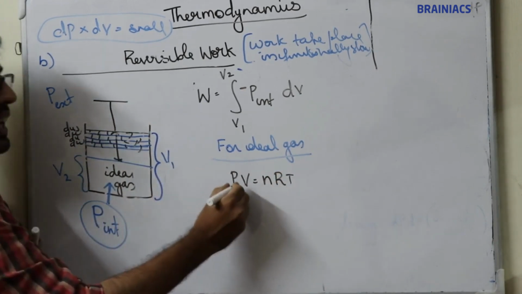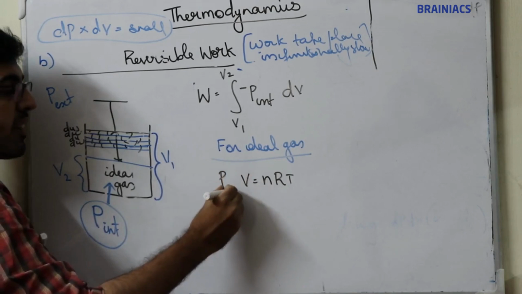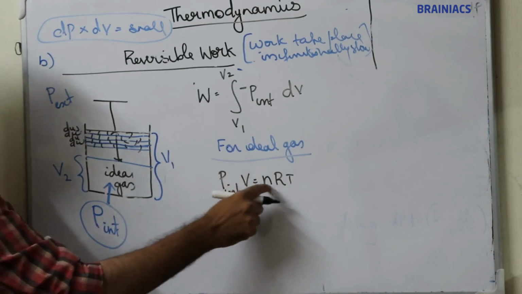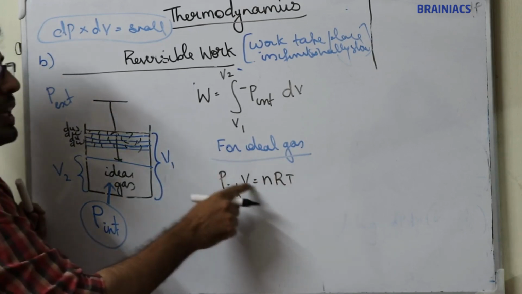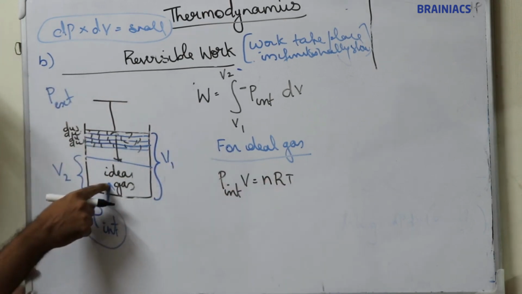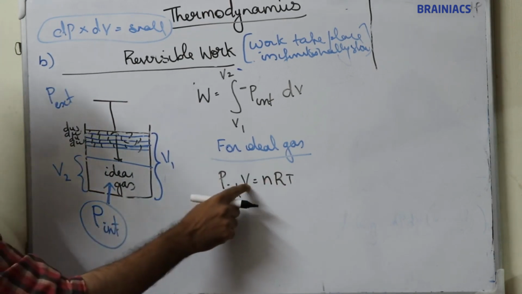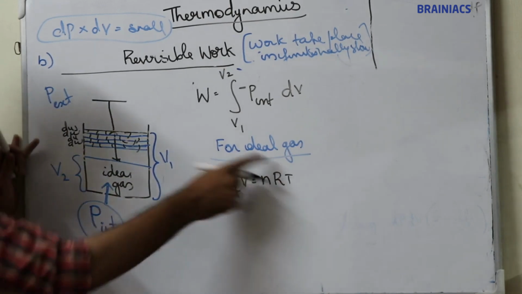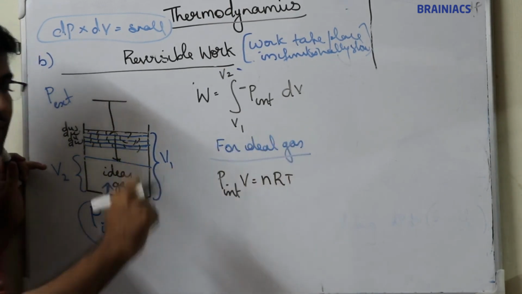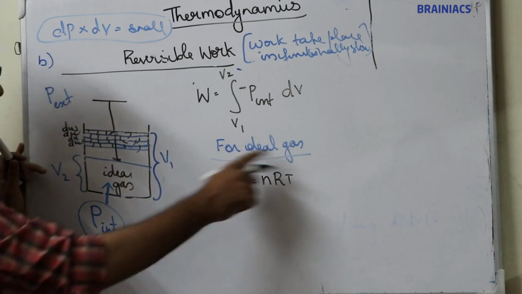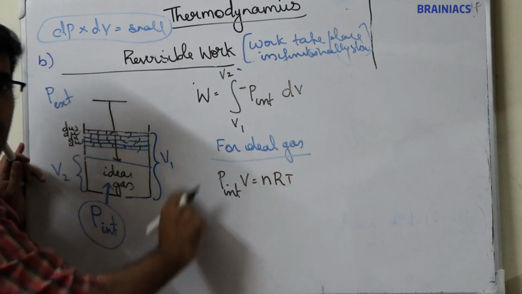Here P is internal pressure, so I am writing P internal V is equal to nRT. You know this equation; it is known as the ideal gas equation.